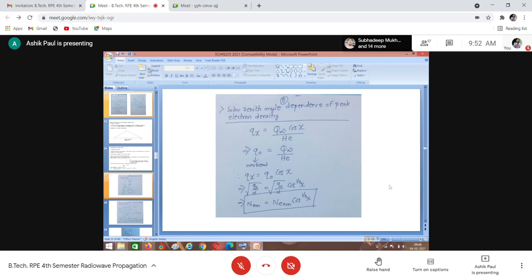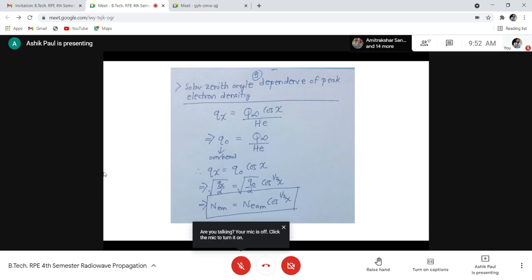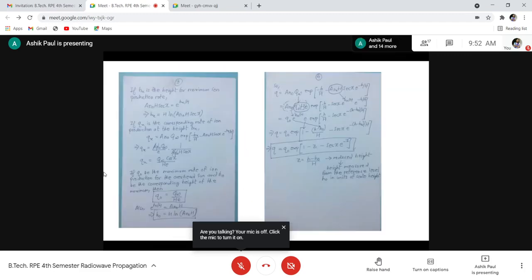Then this solar zenith angle dependence also influences the electron density.